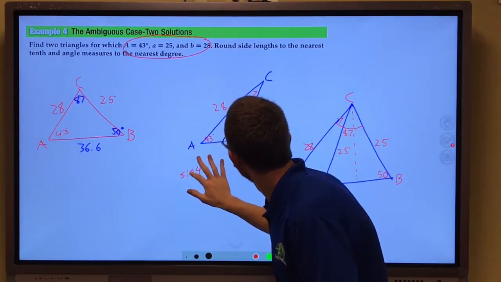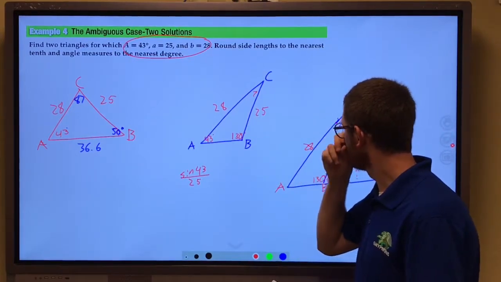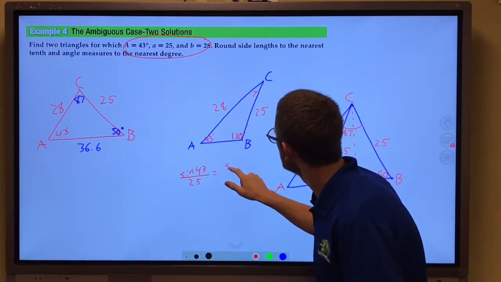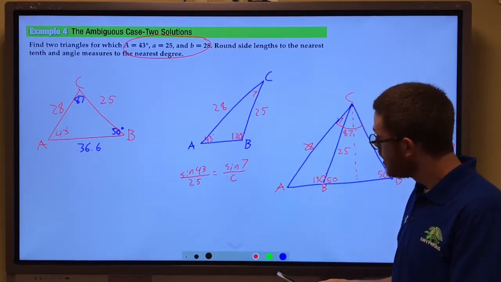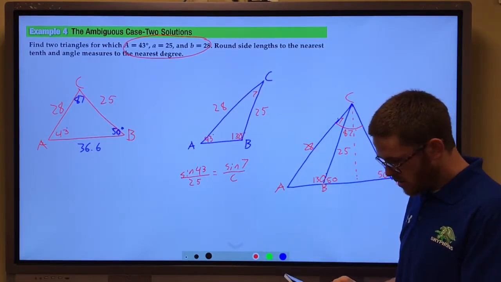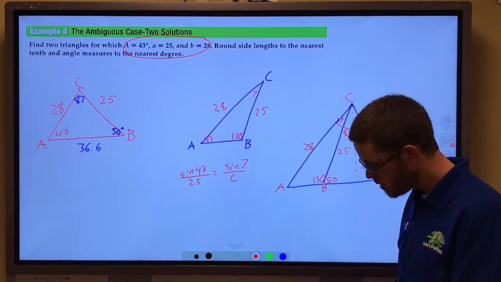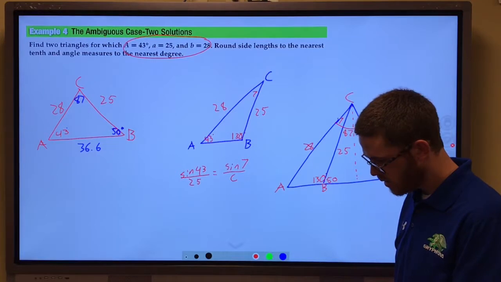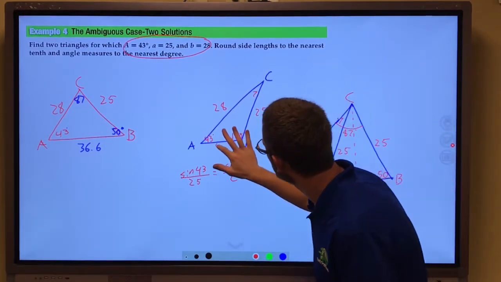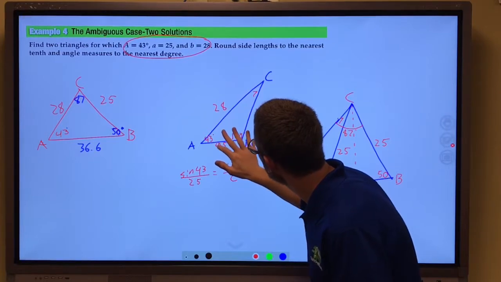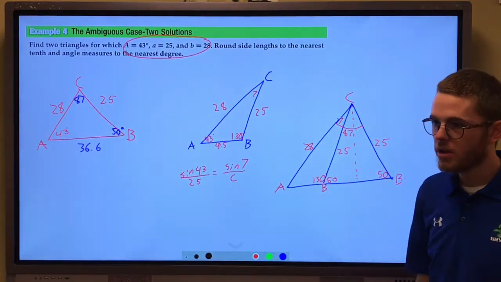Sine of 43 over 25 is equal to sine of 7 over C. And we get 4.5. Could just be 4.5 right there.